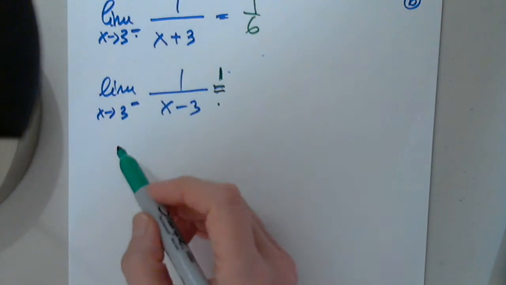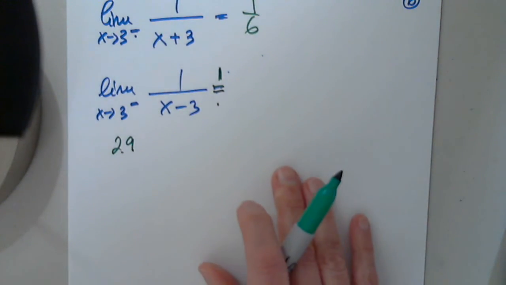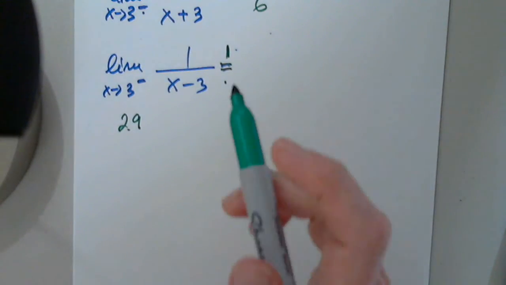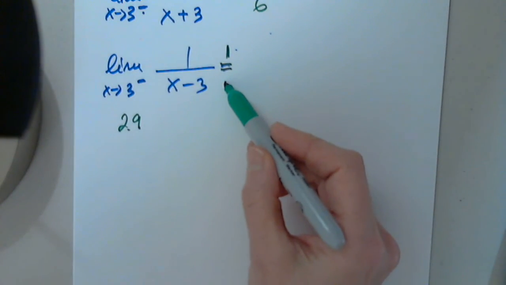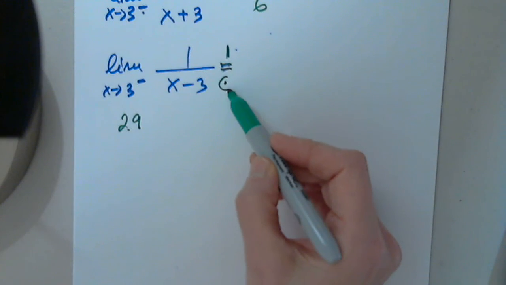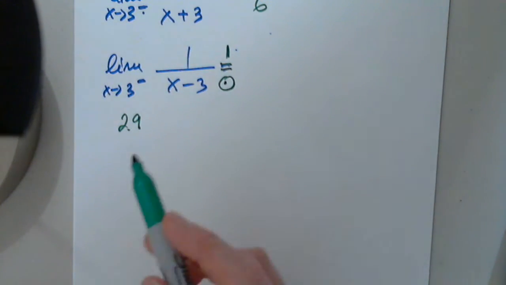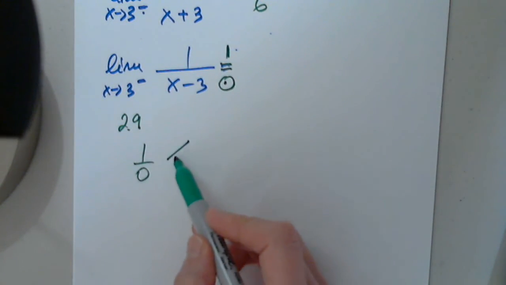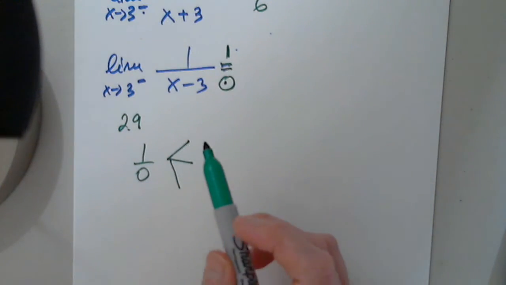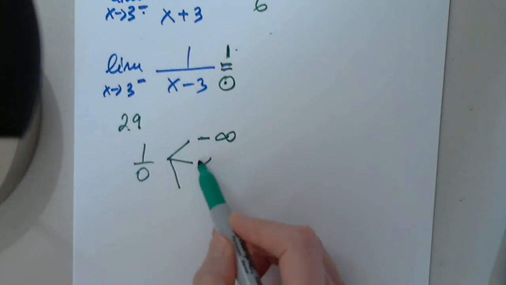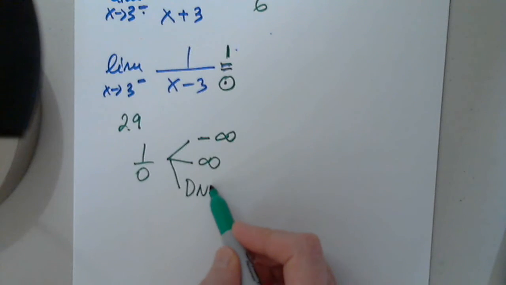Negative 1/6. Careful. So 3 from the left doesn't mean negative. 3 from the left means 2.9. Would not exist, right? Careful. What is this, first of all? 0. Yes, this is 0. We know that 1 over 0 can have 3 possibilities. Do not conclude yet. Negative infinity, positive infinity, or DNE.